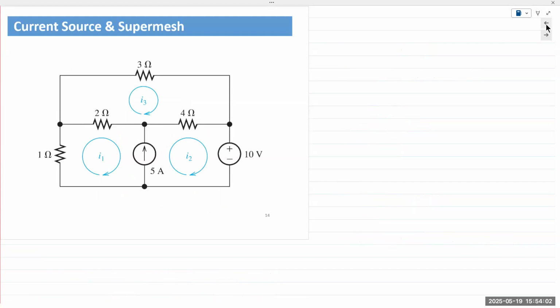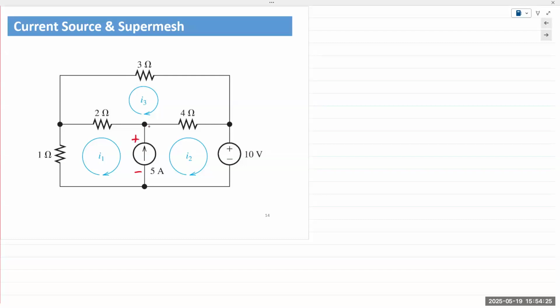So let's say you have one or two current sources in a circuit. In that case, you would not be able to apply KVL, right? If you have a current source in there, you cannot describe a voltage for that current source.